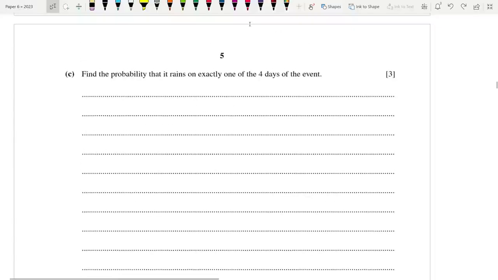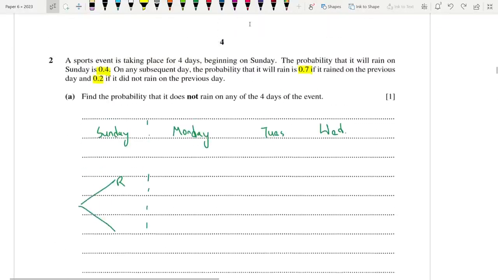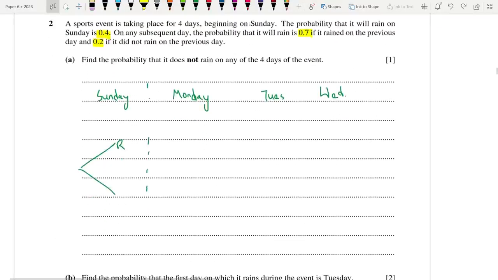Rainy day and dry, right? Rain, does not rain. So what's the probability for the first one? It is 0.4, so this should be 0.6.